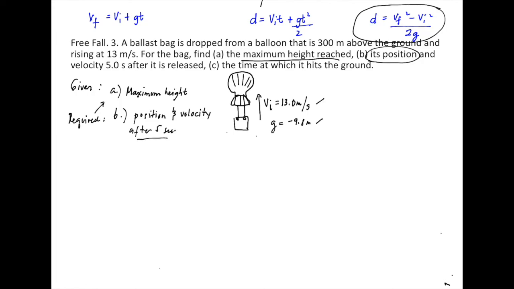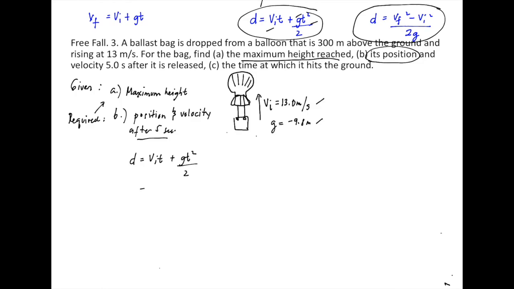Now based on our given, we can identify that the best formula that we're going to use is equation number 2. We have here the time element as well as the initial velocity element and the g. So let's try it now. We have here d is equal to Vit plus gt square over 2.